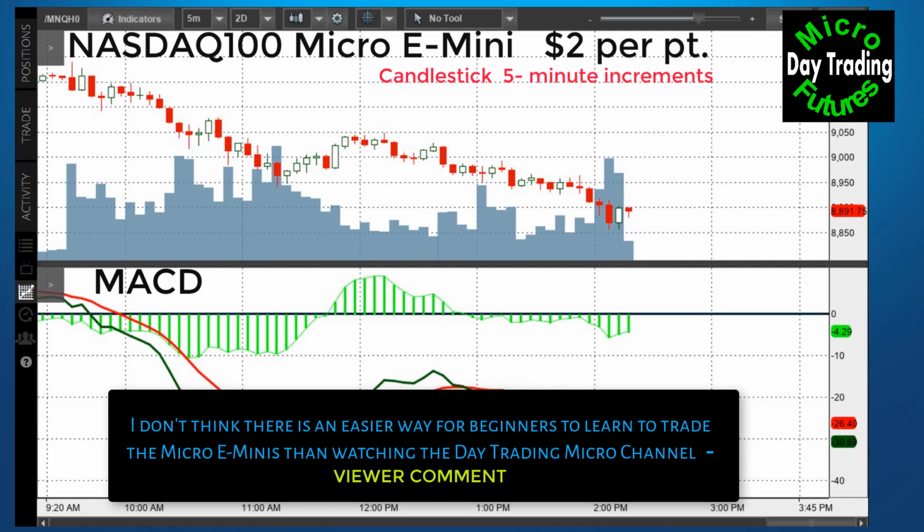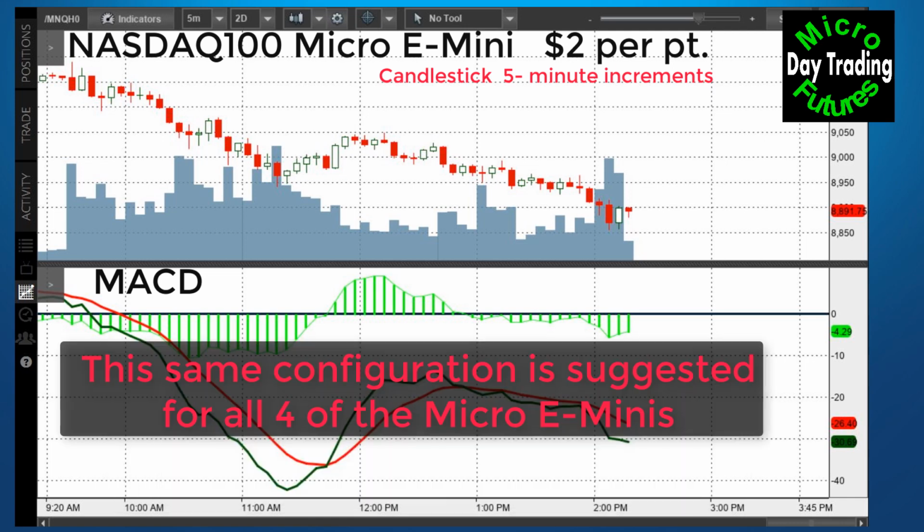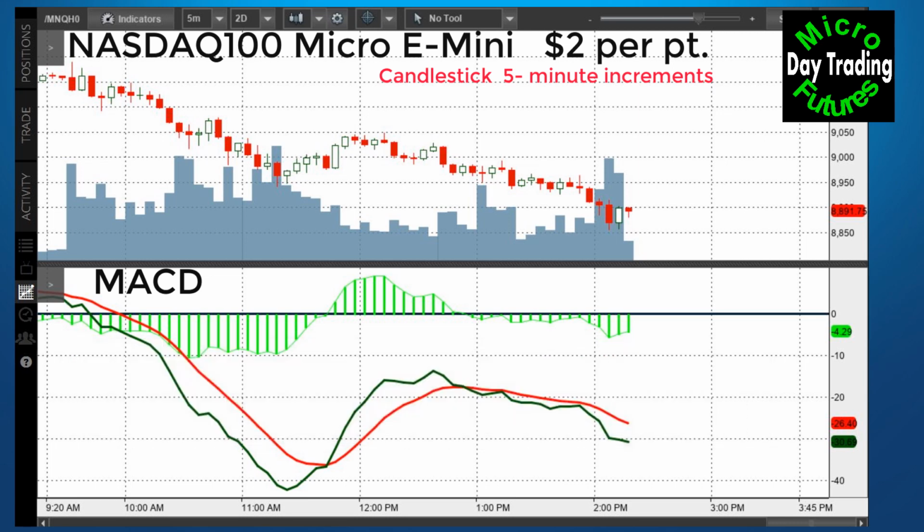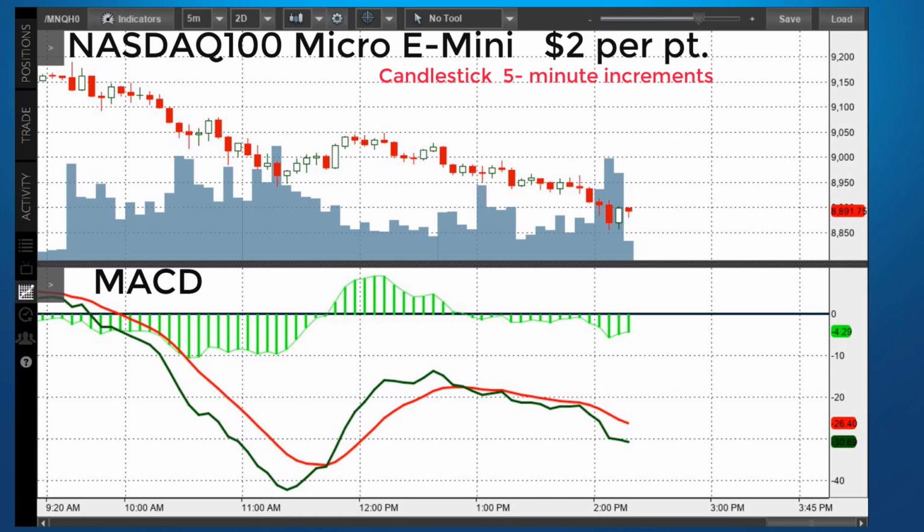Now, I'm using the NASDAQ100 Micro Emini at $2 per point. Everything's the same for all four of the micros, so it doesn't matter which one I use. I happen to pick the NASDAQ100 because it only is $2 a point, therefore a lower risk value and lower risk. I use the candlestick 5-minute increments and the MACD trade signal indicator.